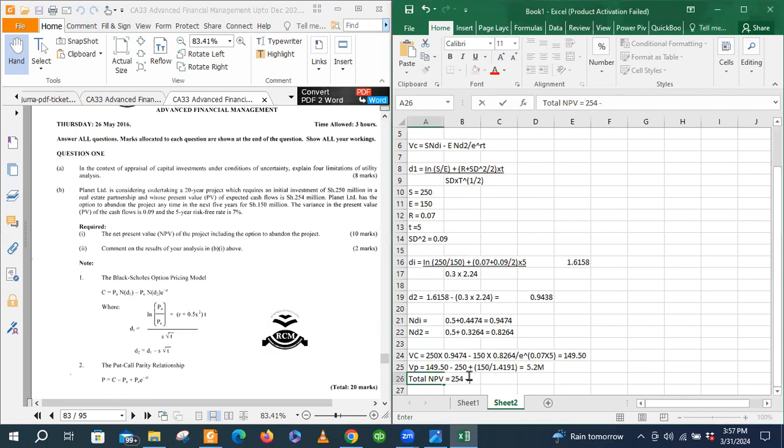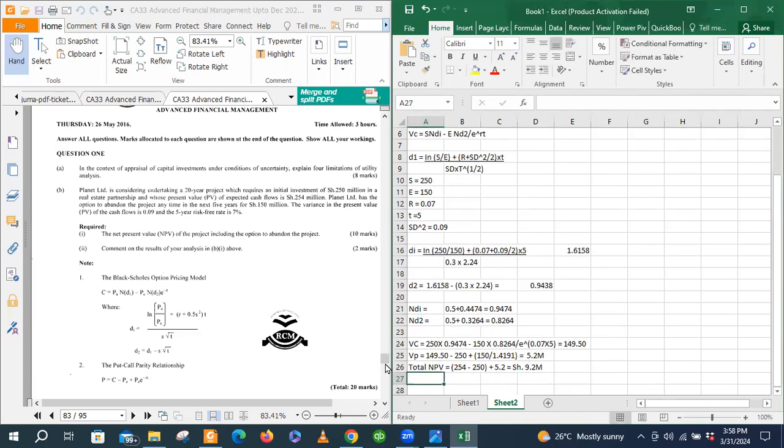So minus 250. Then all these we add. So plus the value of the put option, which is 5.2. So our total NPV becomes, is it 9.2? 9.2. So that is the 10 marks.